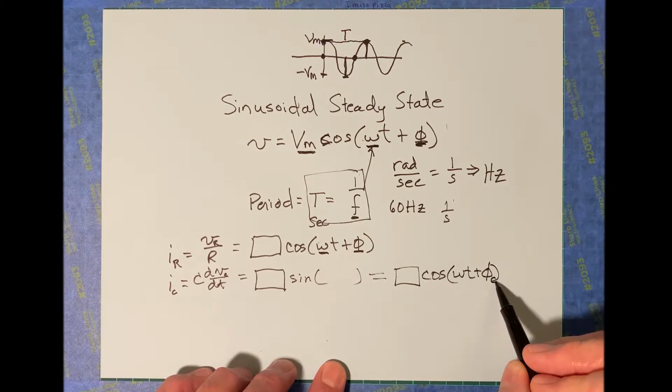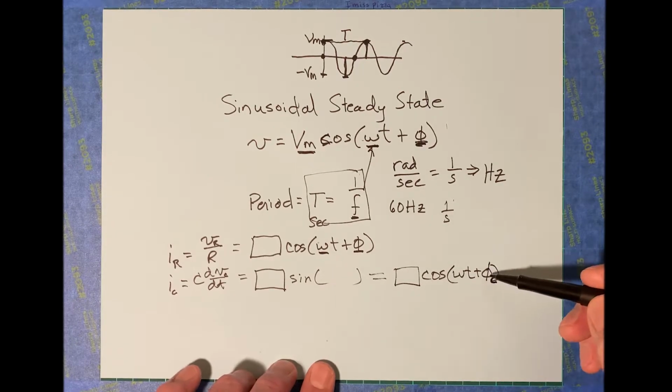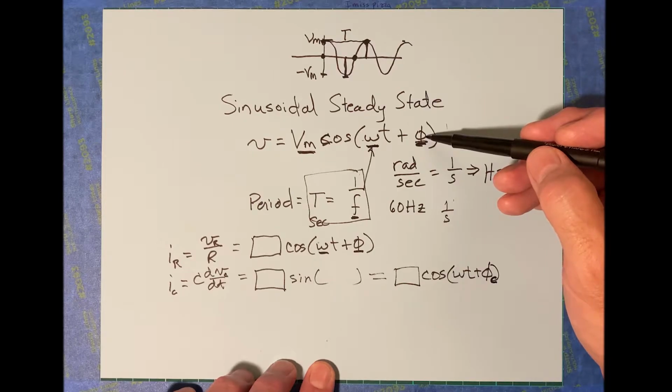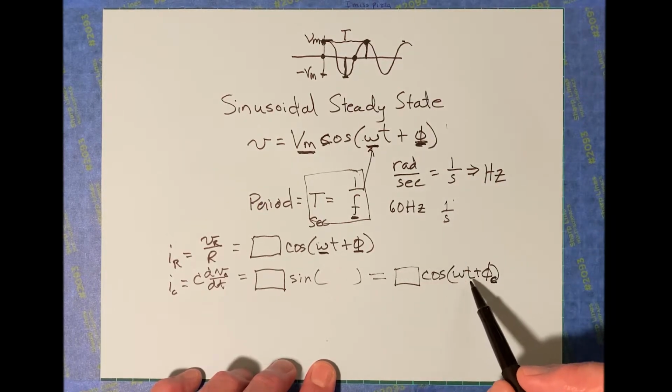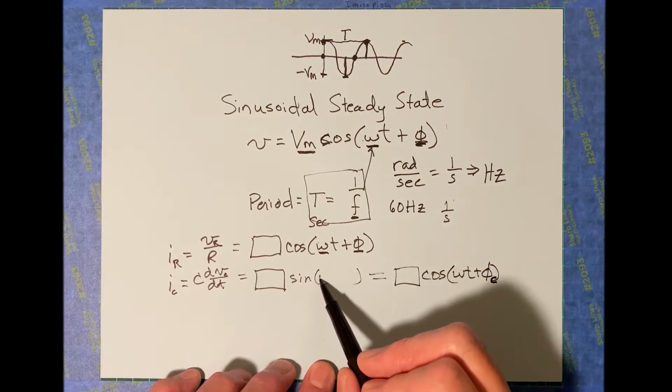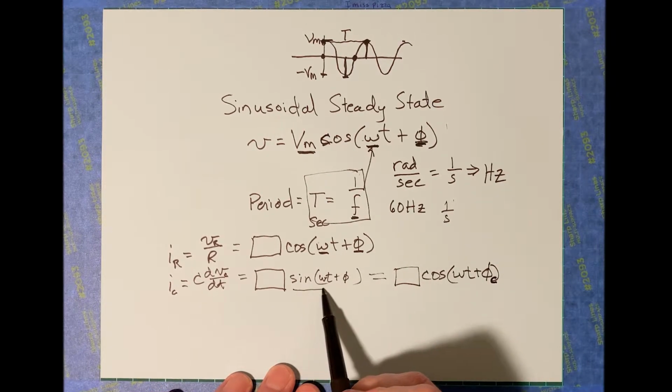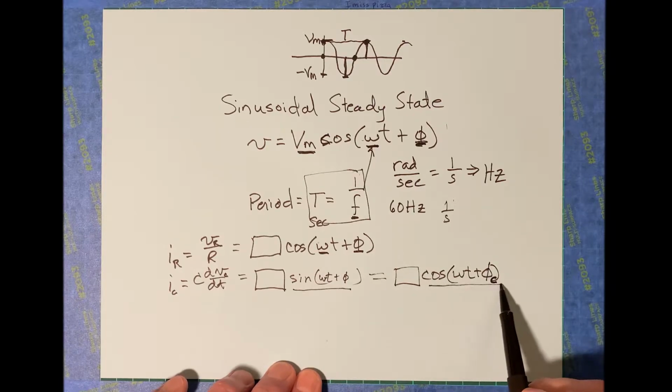Let's call this one phi sub c, just to indicate that this phase angle is different than this phase angle. But the omega t is exactly the same. In fact, this would be omega t plus phi, and all that we've done here is we've changed the sine into a cosine by shifting the phase angle.